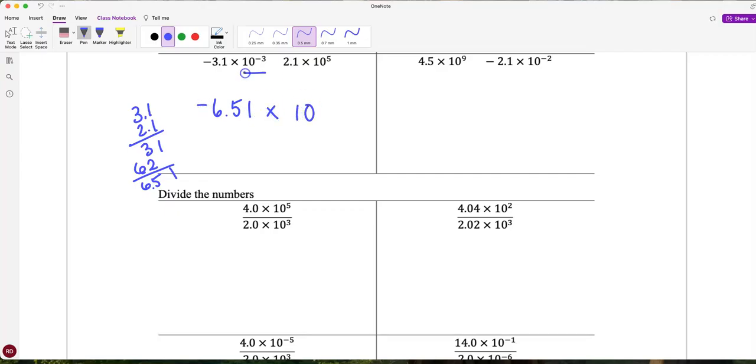And then when you add your exponents, another way to think about this, this is 10 times 10 times 10 times 10 times 10 over 10 times 10 times 10. That's going to leave you with 10 squared. And you add those exponents, 5 minus 3, you get a 2. The next one is going to be a negative number as well. So 2.1 times 4.5.